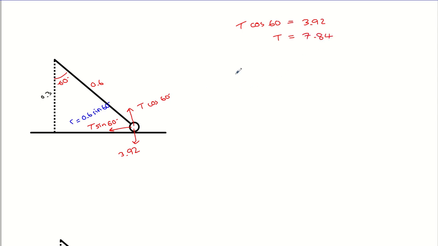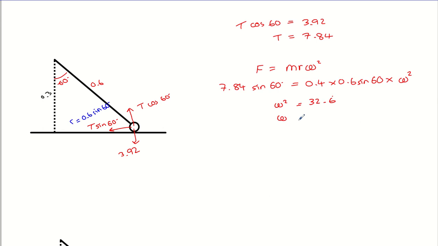And then working horizontally, so in the plane of the circle, F equals mr omega squared again. So 7.84 sine 60 is equal to 0.4 times 0.6 sine 60 times omega squared, and again we've only got the one unknown, which is omega, so omega squared comes out as 32.6 recurring, and omega comes out as 5.72 radians per second.